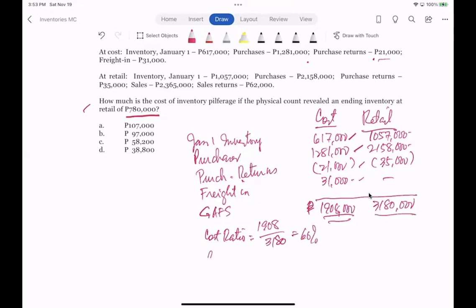Deduct sales, net of sales returns. So that is 2365 minus 62.